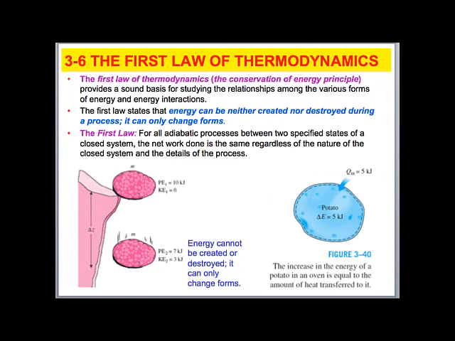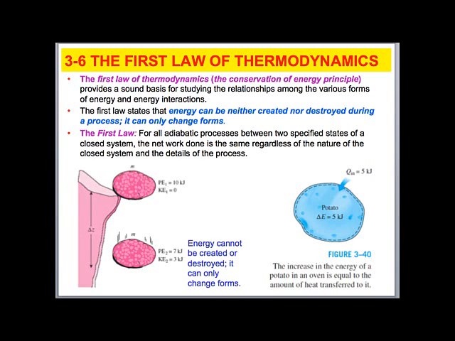Now, we can add up all of these different types of energies. Recall, the energies associated with our system are internal, kinetic, and potential. And the energies that cross the boundaries are heat and work. Now, if we add up all of these, both inside and crossing the boundary, we have the first law of thermodynamics. It's basically an energy balance.